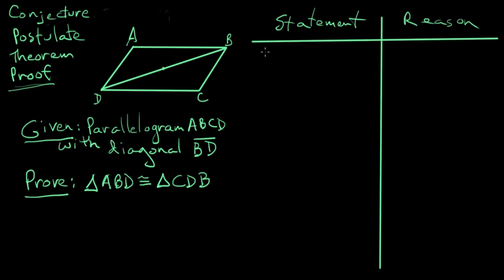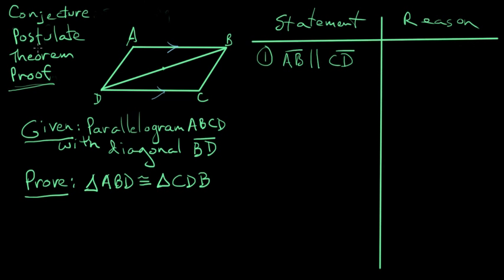So the first statement I'm going to make is I'm going to say AB is parallel to CD. Now what does that mean? AB is this line on the top, the segment on the top. CD is the one on the bottom. Okay? So I'm going to say that these two are parallel.